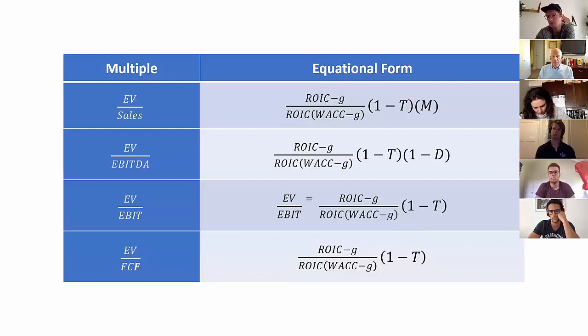Because it applies a very broad brushstroke without a lot of operational detail and has huge room for error. If nothing else, we're applying one rate of growth to the entirety of the company's future. And we already know that that creates difficulty.